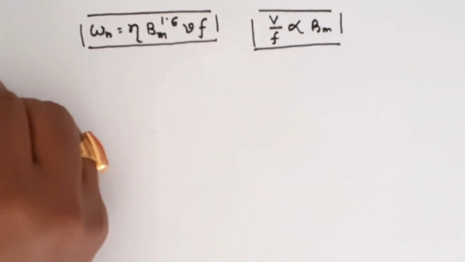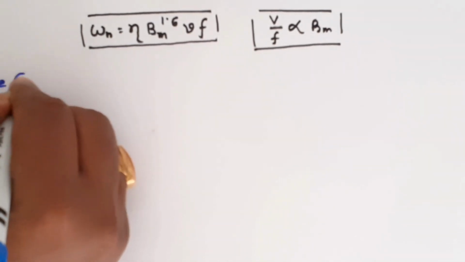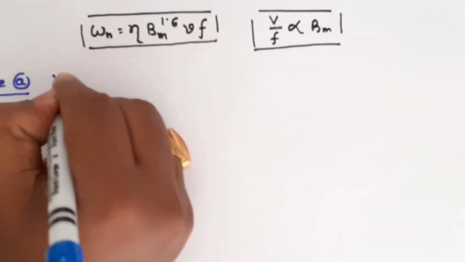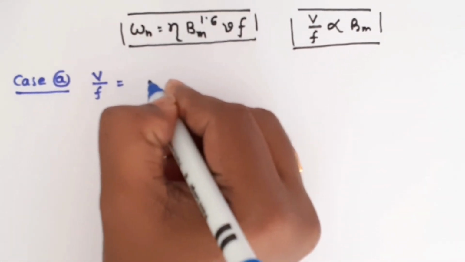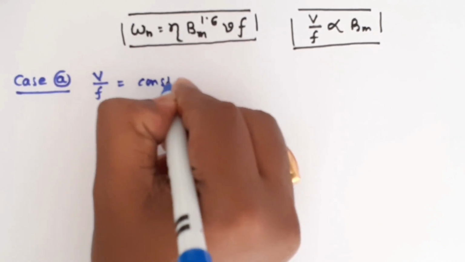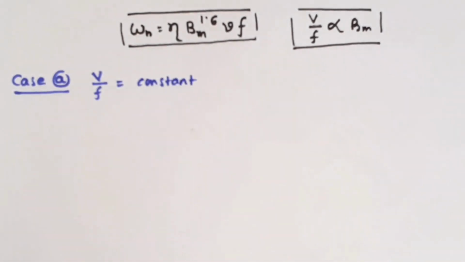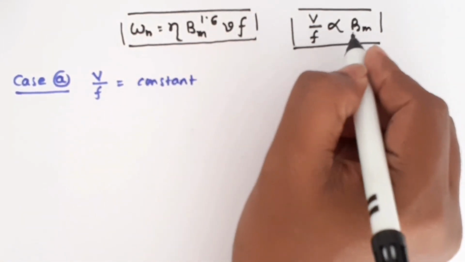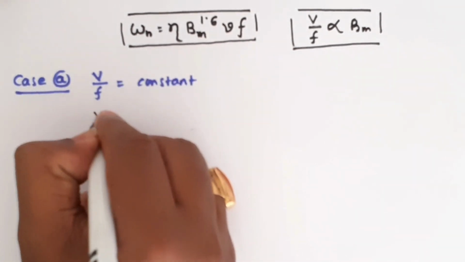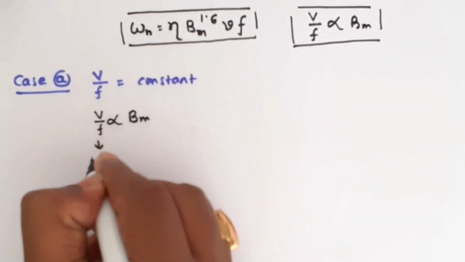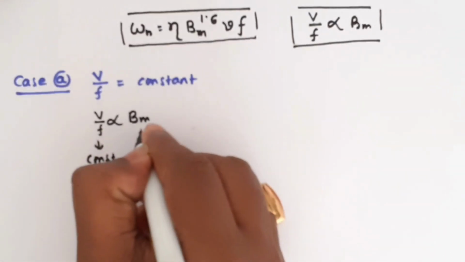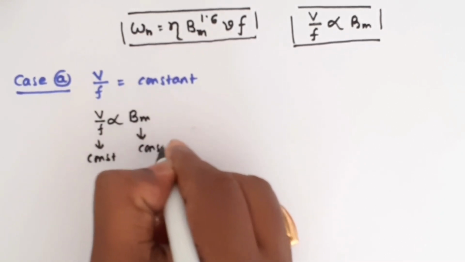Suppose case A, where V by F equal to constant. When V by F equal to constant, then from this relation V by F is proportional to B_m, so B_m will also be constant.